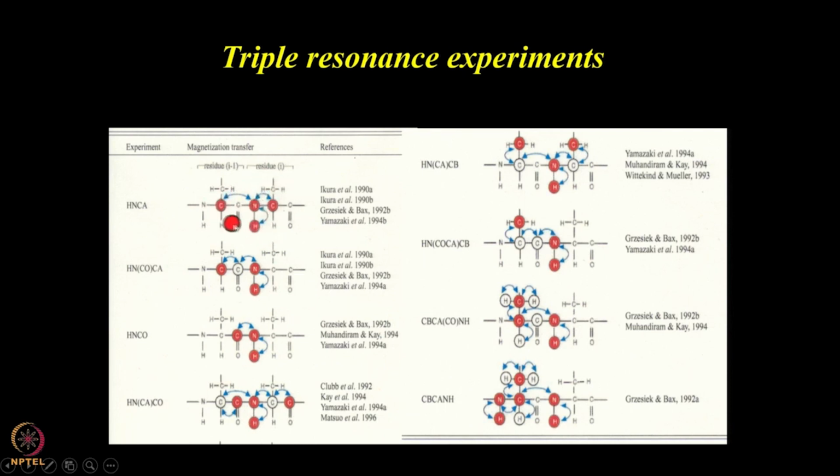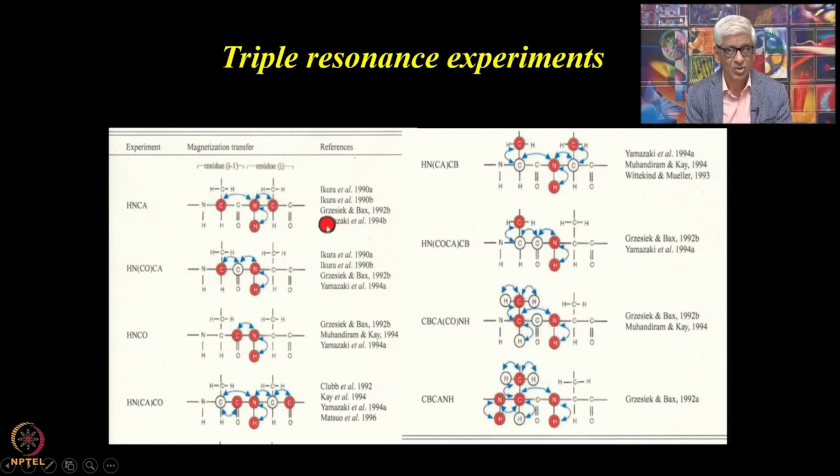The red ones are the nuclei which you are going to see in a 3-dimensional experiment. That is why these are called triple resonance experiments, because you are making use of proton, nitrogen and carbon, 3 different channels. Okay. And these experiments were described way back in about the 1990s by different groups of authors. So I have listed those references here for quick reference.